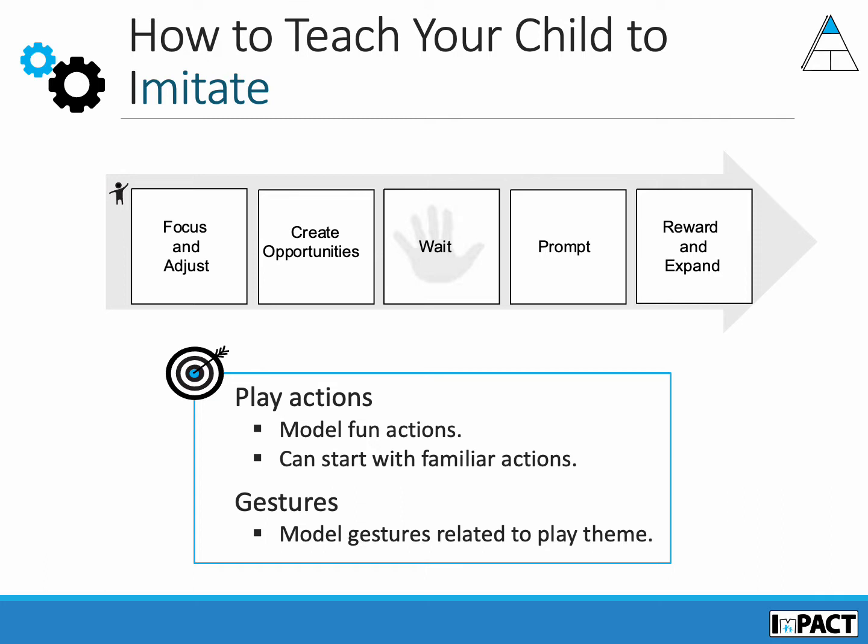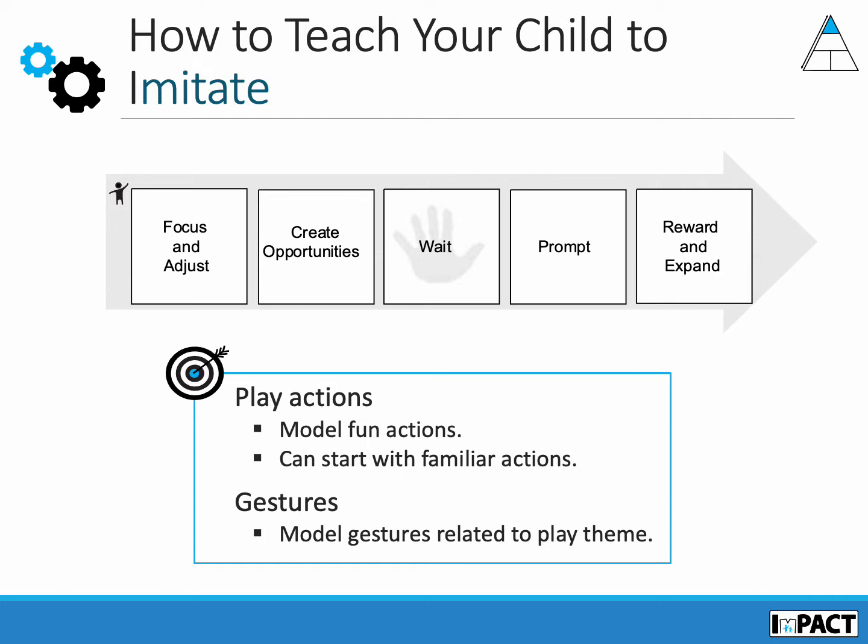If your child has a lot of difficulty imitating, start by modeling familiar actions even if they are unusual. For example, if your child only plays with cars by spinning their wheels and lining them up, model spinning the wheels when your child is lining up cars.